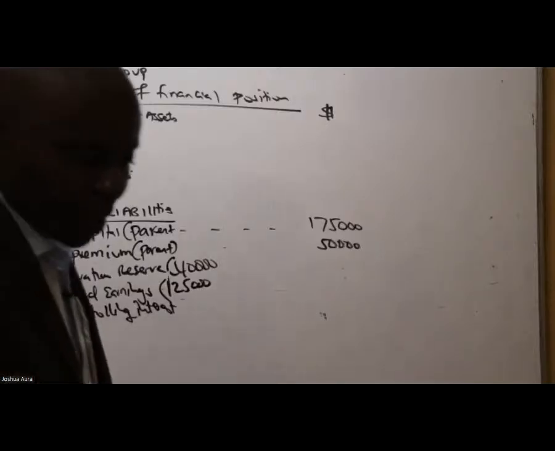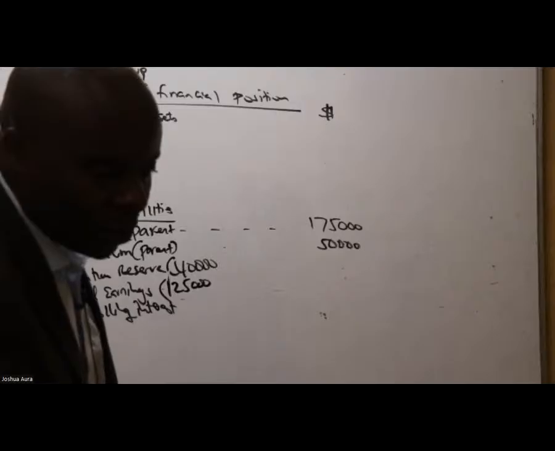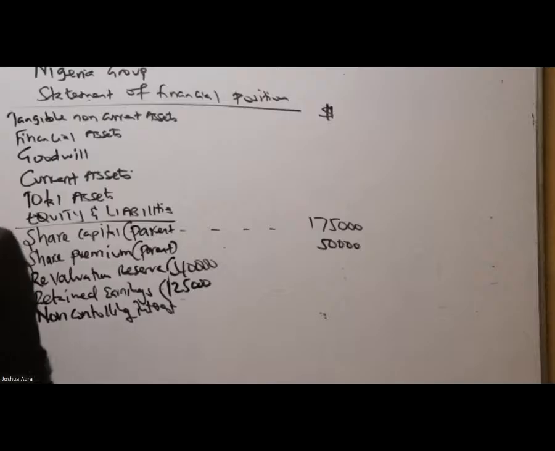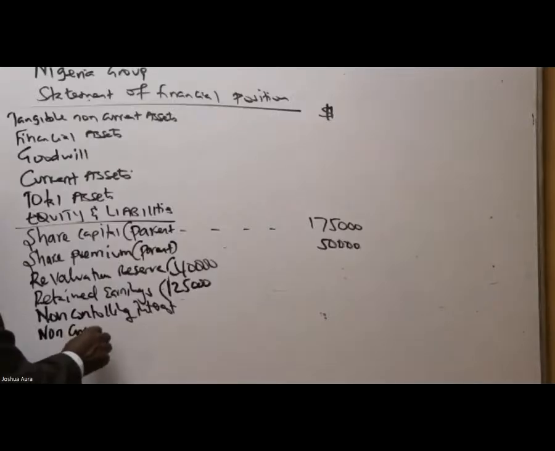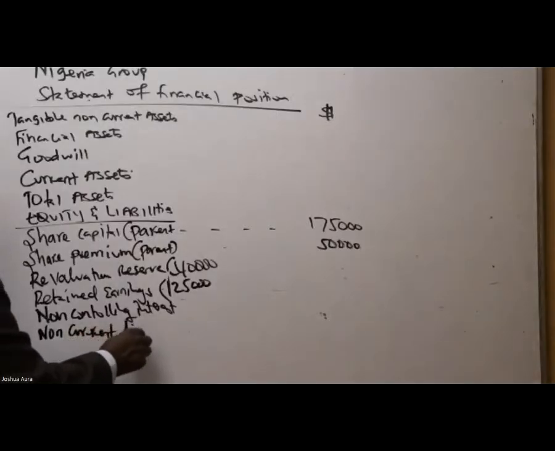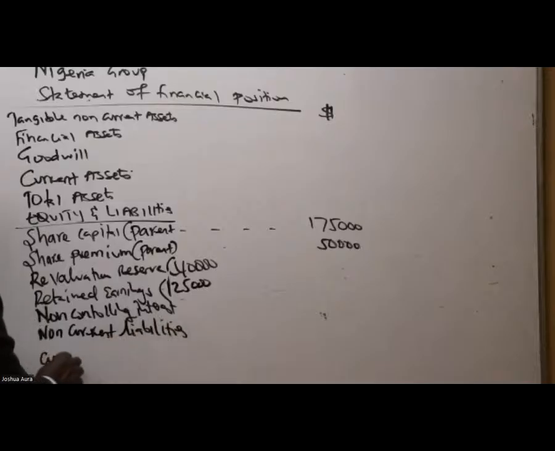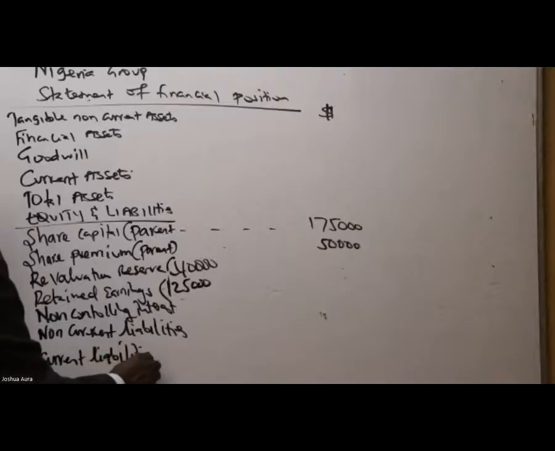On liabilities we have non-current liabilities, and then we have current liabilities. Later on, I'll be bringing in the concept of a foreign exchange reserve, but let's do without it for now.